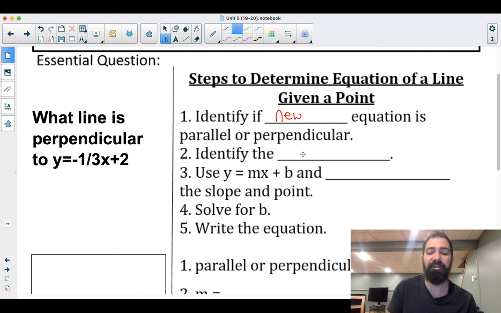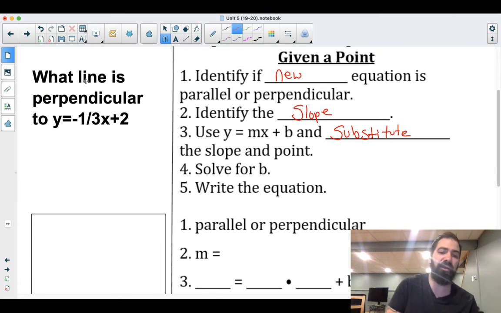Then, you want to identify the slope. You want to use y equals mx plus b and use substitution and substitute the slope and a point, then solve for b, and then write the equation. Let's see how that works.